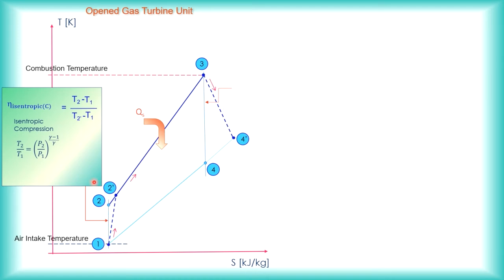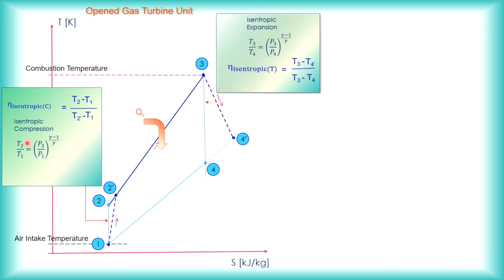With that, we can use the isentropic relationship between P, V and T to find out the temperature T2 if, let's say, the pressure ratio is given. Usually they give us the pressure ratio for the open gas turbine unit, and gamma is usually taken as a constant for air, equal to 1.4. Once you have got T2, you can substitute here to find out T2 prime.